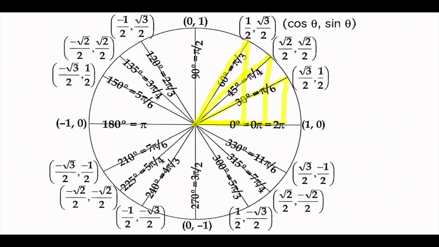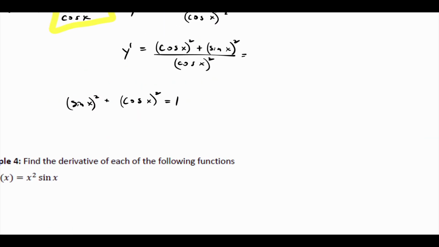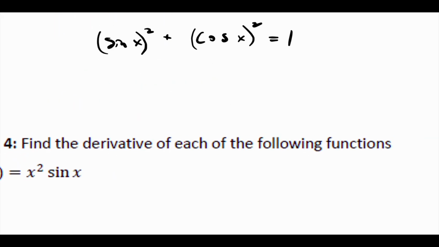When we want to find all these values on the unit circle, we use a bunch of triangles, right? What type of triangles? Right triangles. And didn't we say that sine is y? So isn't this really just y squared? Cosine is x squared.